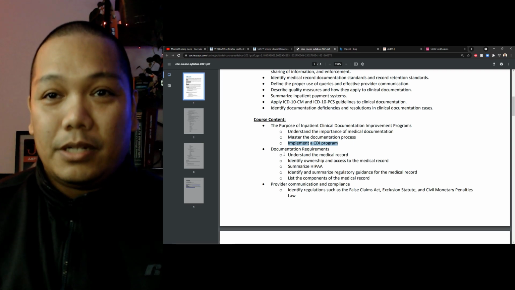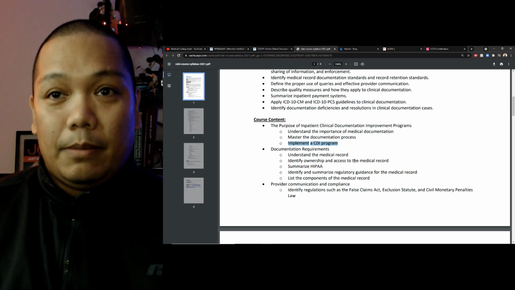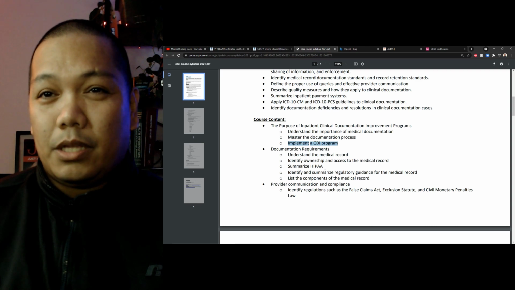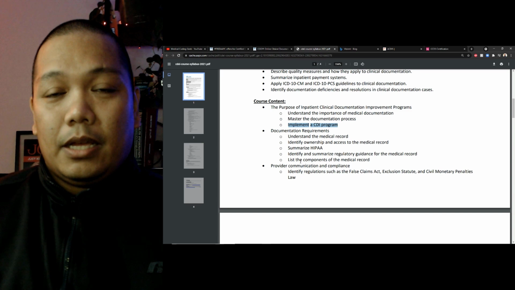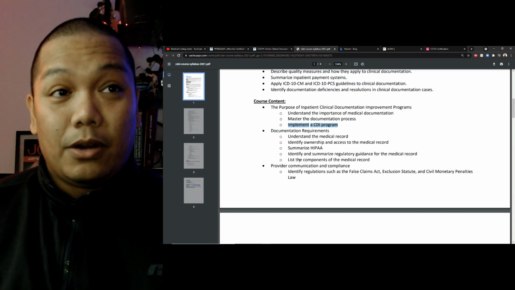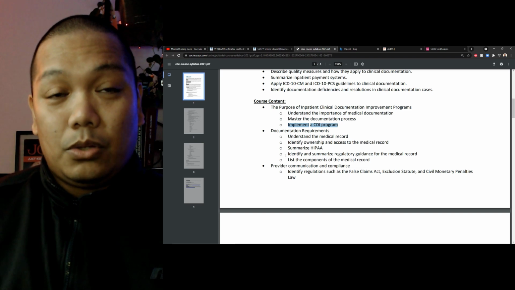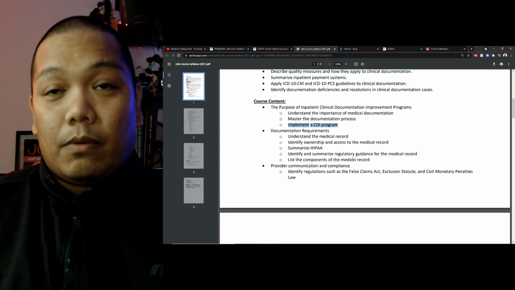Documentation requirements: understand the medical record, identify ownership, who has access. This is more HIM stuff. Summarize HIPAA, identify and summarize the regulatory guidelines for the medical record. That's more HIM stuff. If you have an RHIT friend or RHIA friend, this is something that you want to kind of go for. List the components of the medical record.